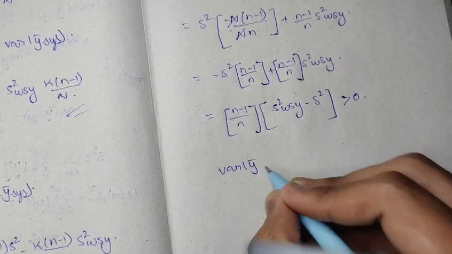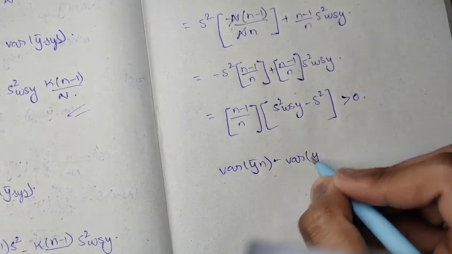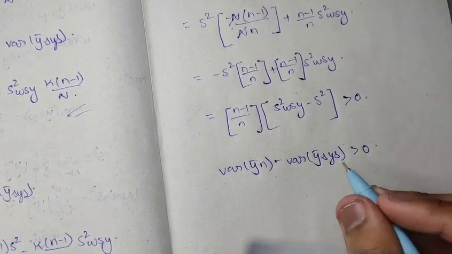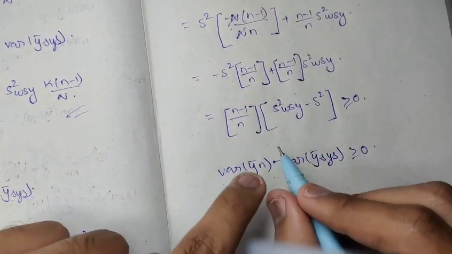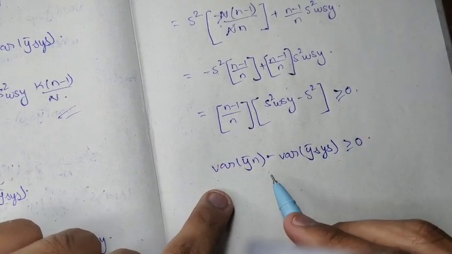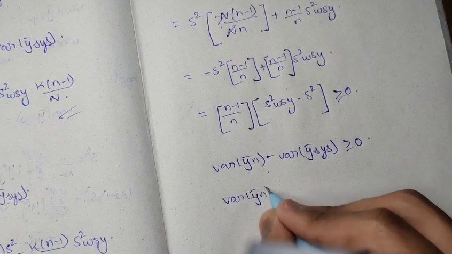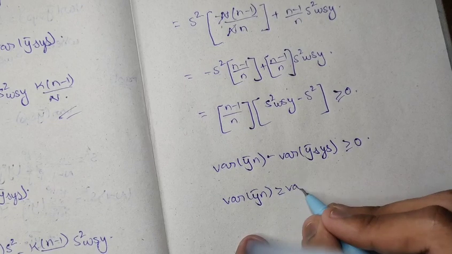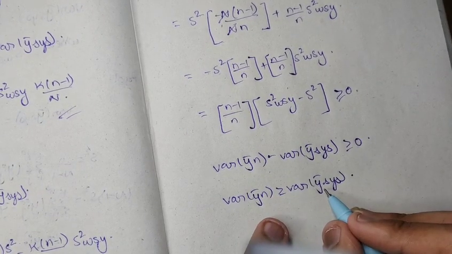So variance of y bar n minus variance of y bar systematic random sampling is greater than or equal to 0. This could also equal 0, by the way, because of this term. So if we just send this term to the other side, then variance of y bar n is greater than or equal to variance of y bar systematic.